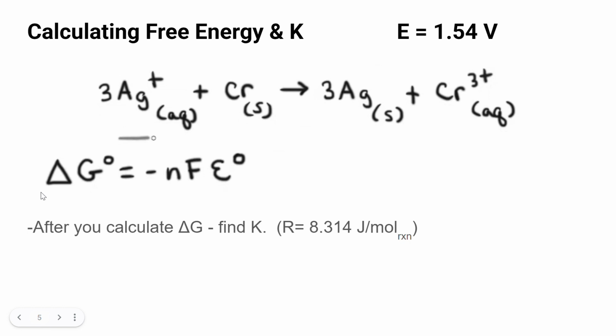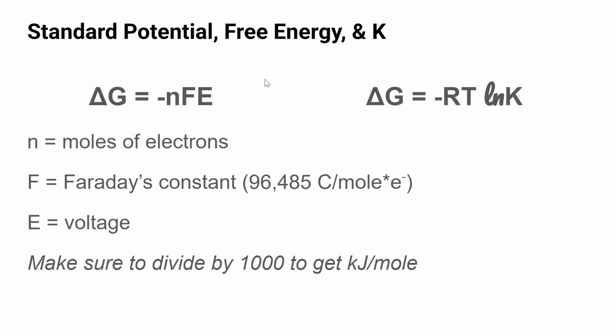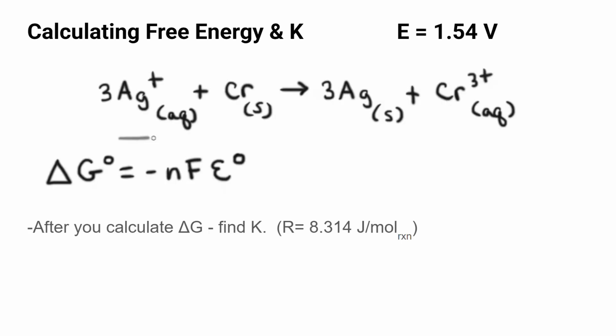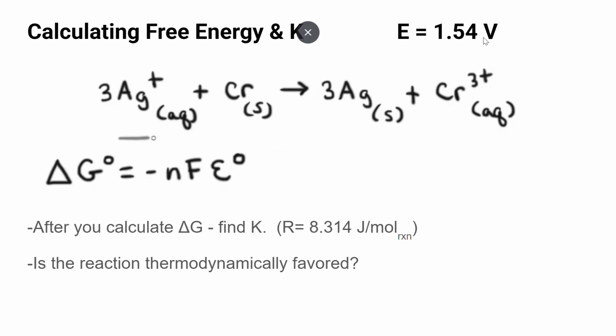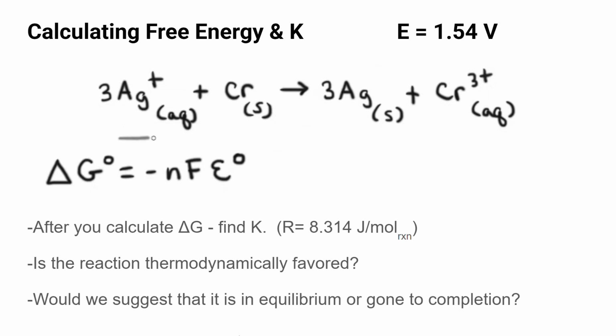After you've found your negative delta G, you can plug this delta G value back into this equation to find K. If you don't know how to do that, go back to the last section and watch the video on how to calculate your K. With a negative delta G, anytime I've got a positive E value, is the reaction thermodynamically favored?